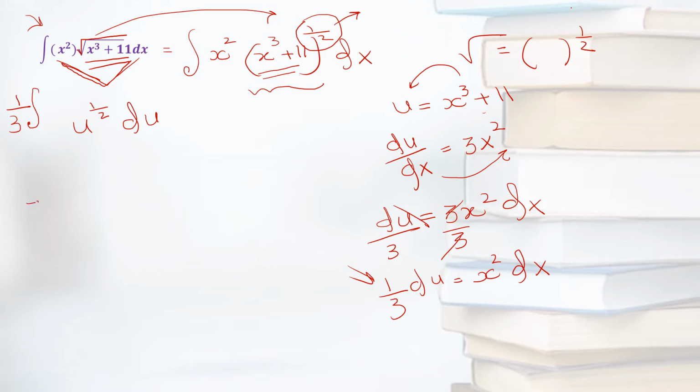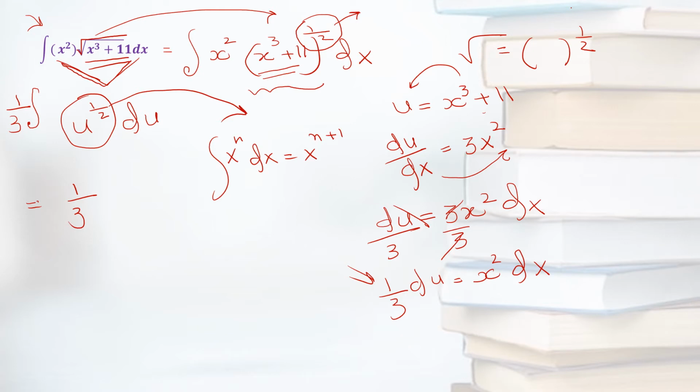Now 1 over 3 as it is, you have a power rule because u to the power half, so you can apply the power rule, according to which if x to the power n dx is written, it gives you x to the power n plus 1 over n plus 1. So here you can write u, half plus 1 gives you 3 by 2, and divide all by 3 by 2.